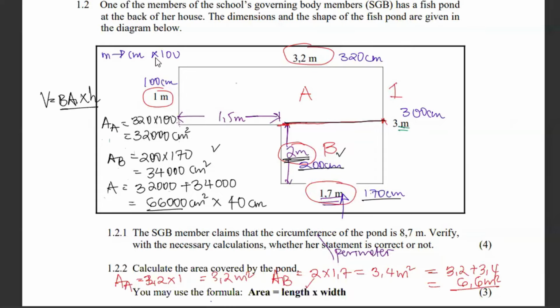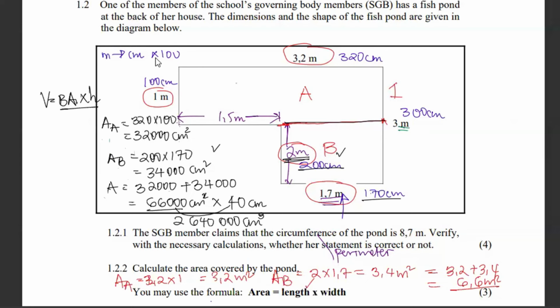Don't worry about the units, only multiply the numbers. The units will come later. So that times 40, you end up having 2,640,000 centimeters cubed.